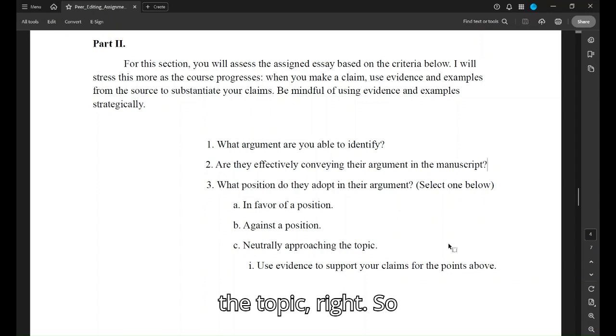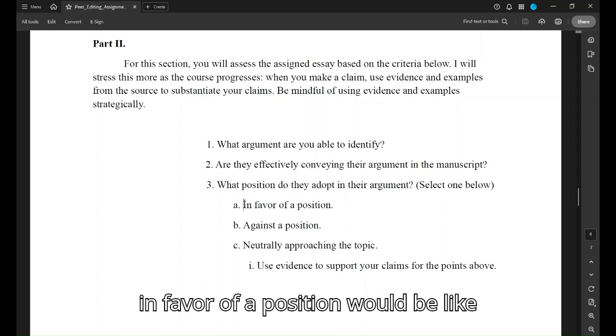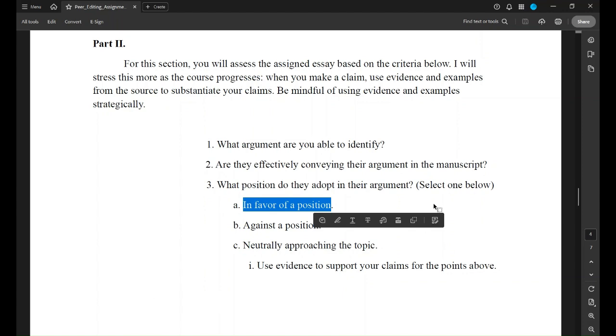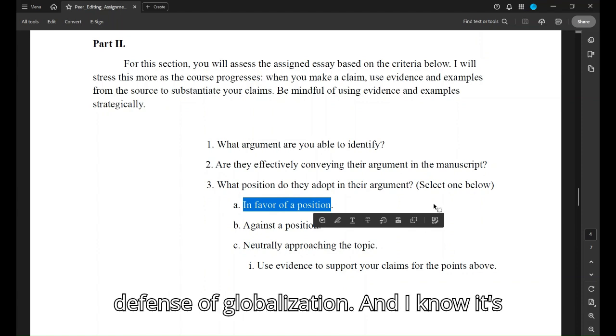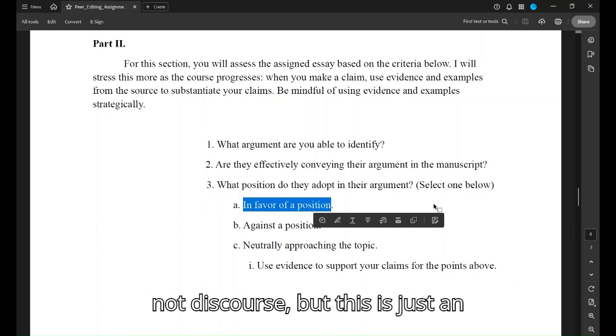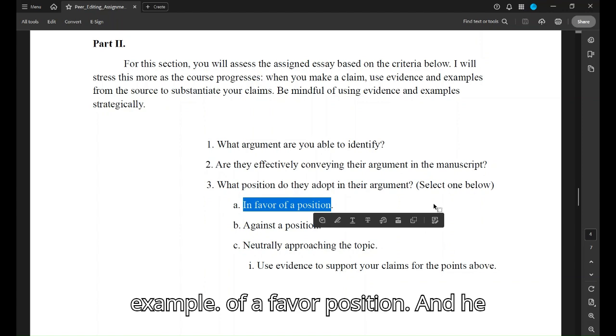Right. So in favor of a position would be like this political economist by the name of Jagdish Bhagwati, In Defense of Globalization. And I know it's not this course, but this is just an example of a favored position.